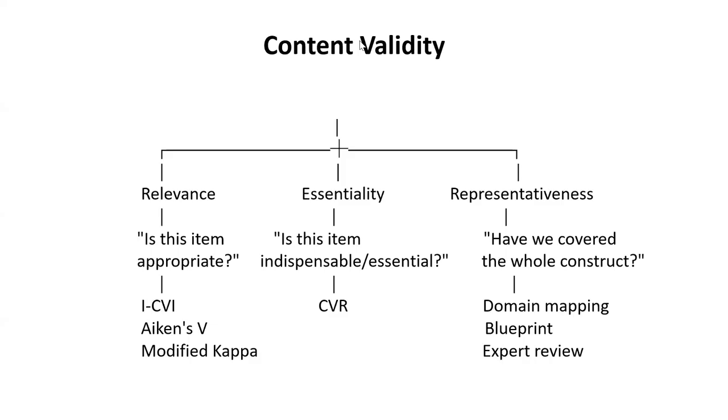And you have to then calculate these different measures. For relevance, you have the item-level CVI, scale-level CVI, and modified kappa. For essentiality, you have the content validity ratio, and for representativeness, there is the domain mapping blueprint and expert review, which is more qualitative in nature, with not much calculation or statistics involved.